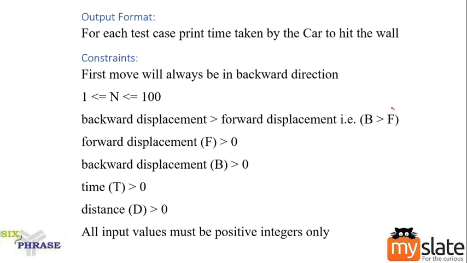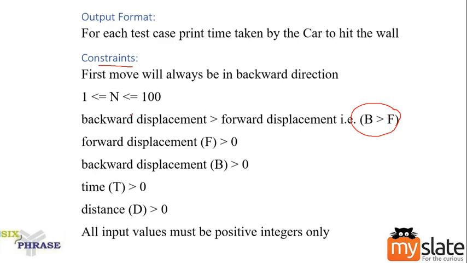You need not check this at all. They have mentioned it in the constraints, which means this is how the input will be. When they give you the input, backward displacement will be greater than forward displacement.